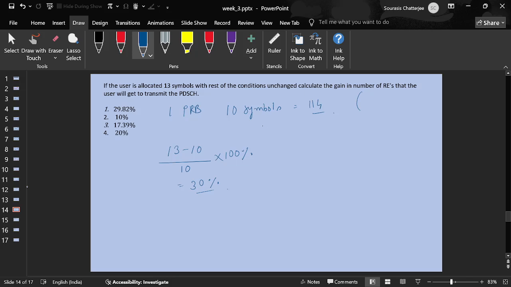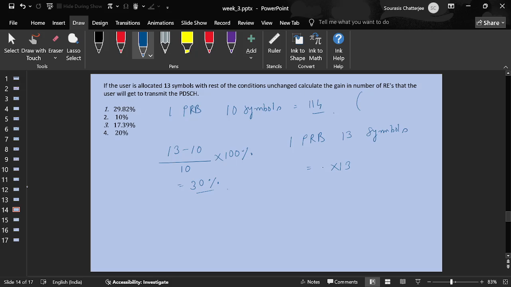Okay, but are you sure about that? What happens when we have, as in this question, one PRB across 13 symbols? How many REs do we have now? Symbols means time duration, that is 13. What should I multiply with?